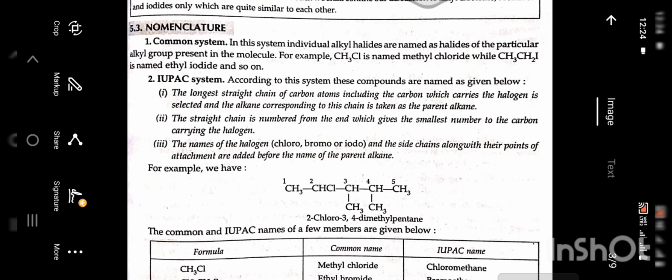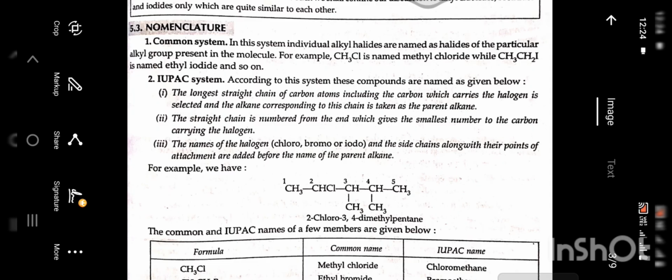The first step: the longest straight chain of carbon atoms, including the carbon which carries the halogen, is selected, and the alkane corresponding to this chain is taken as the parent alkane. The second: the straight chain is numbered from the end which gives the smallest number to the carbon carrying the halogen.